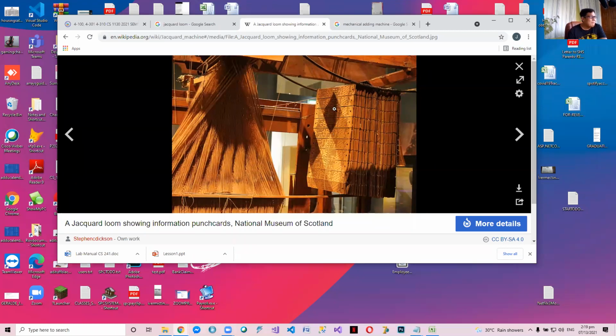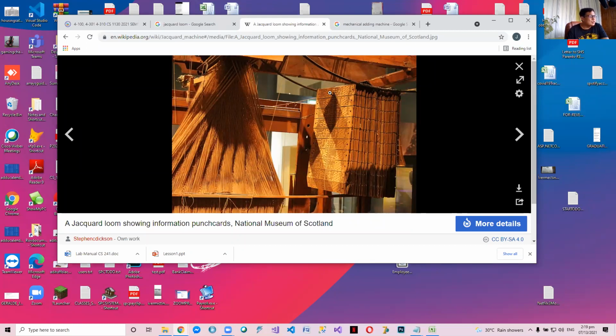Do you follow? Now, how did this become relevant to computing? Because people later, particularly the Americans, discovered that the holes there can be used to store codes. Pwedeng makastore ng numeric codes yung mga holes such that the arrangement of the cards is actually an arrangement of programs, an arrangement of commands. The first card being the first command, the second card, the second command, and so on and so forth.